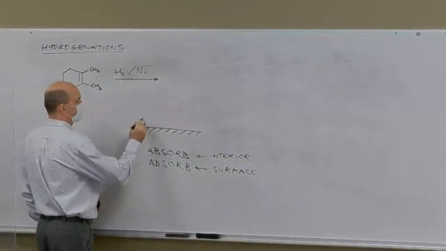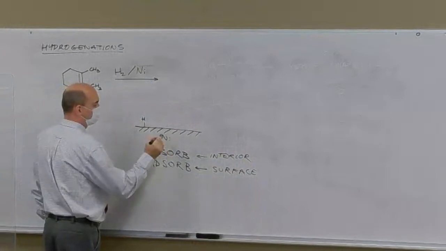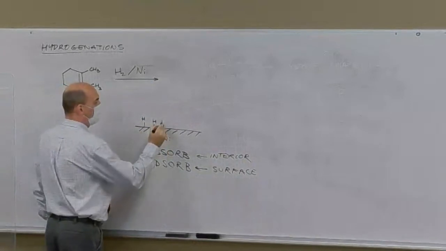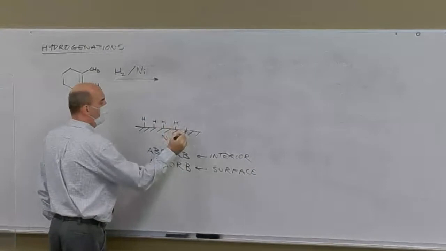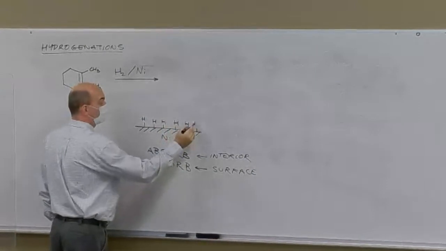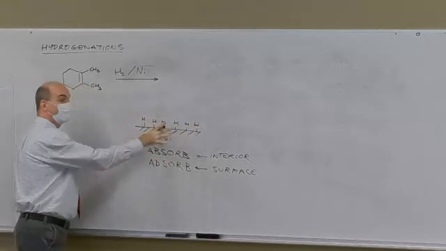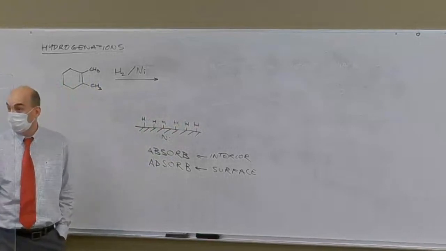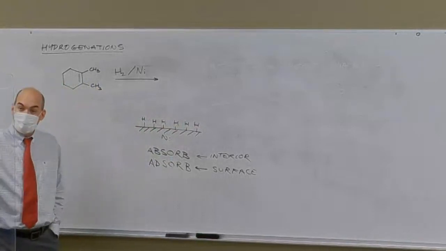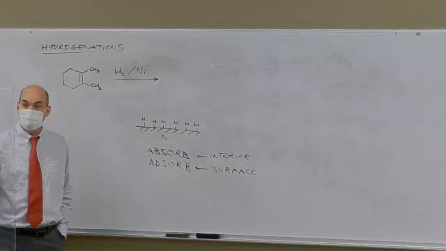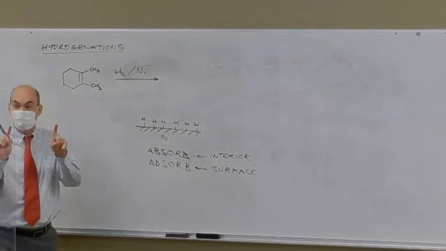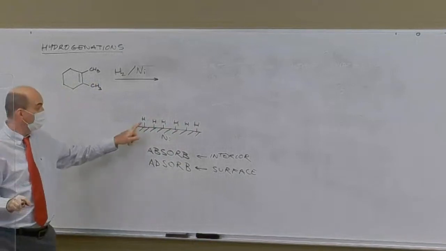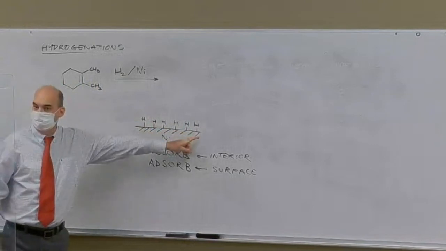So I'm going to take some nickel and I'm going to allow hydrogen molecules to stick to the surface. And crazily enough, they do. And when they stick to the surface, there is evidence that they actually split apart into hydrogen atoms.